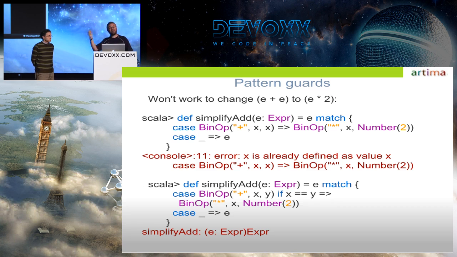If the if is on the right-hand side, then even if the pattern doesn't match, the pattern match has been consumed. It won't continue to other ones. If the guard is on the left-hand side, it doesn't match that pattern, so it falls through to the other ones. It's a really common mistake for people to put the if on the right-hand side of the rocket, and then things in the pattern match don't work as people are expecting.